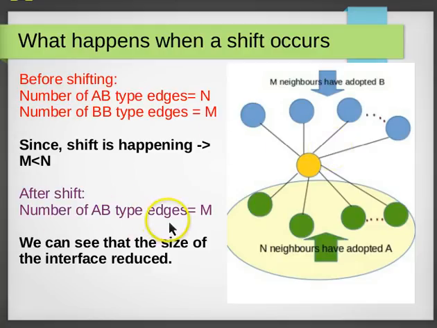So the number of new AB type interface edges that you will now have is m, and we have already seen that the value of m is less than n. So we can clearly see that the size of the interface reduced. So here we have proved that as soon as a node shifts from technology B to A, the size of the interface strictly reduces, which shows that after some finite number of steps your process stops, and hence it is not a complete cascade.